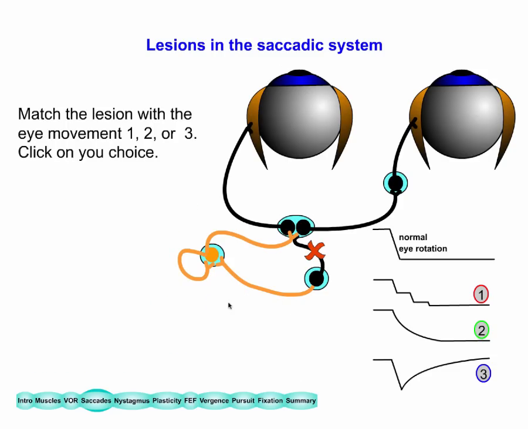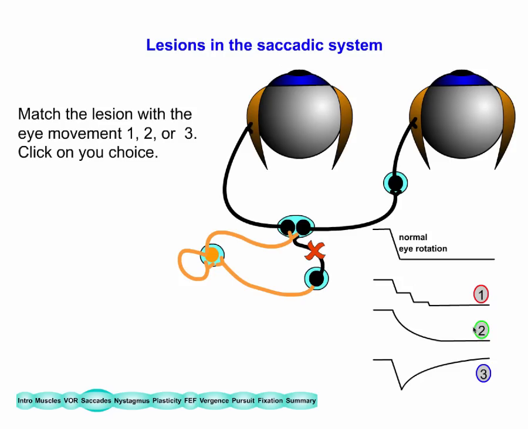Okay, let's see the next one. Now we have a lesion from the burst neurons to the motor neurons. This signal is fine. It can get into the motor neurons. So which of these is it? Is it this one? This one?